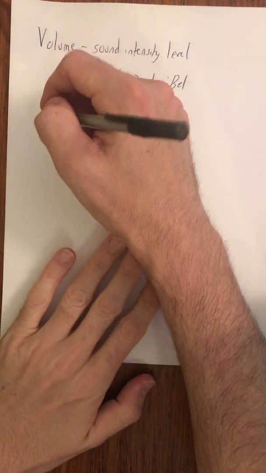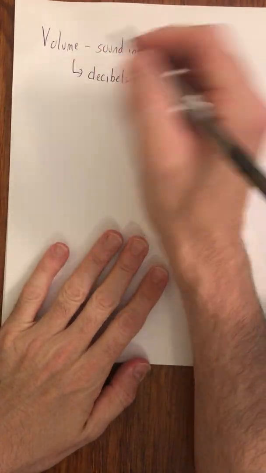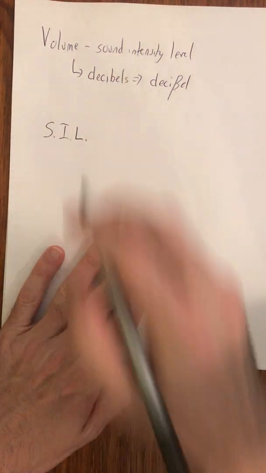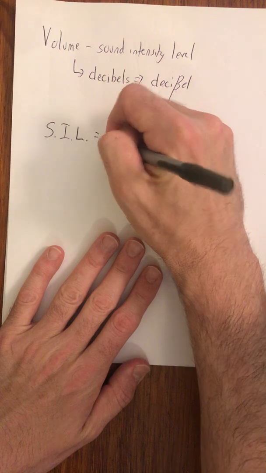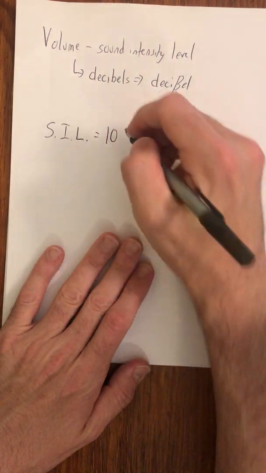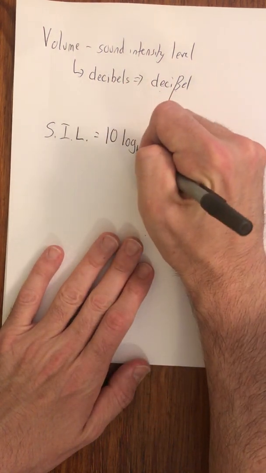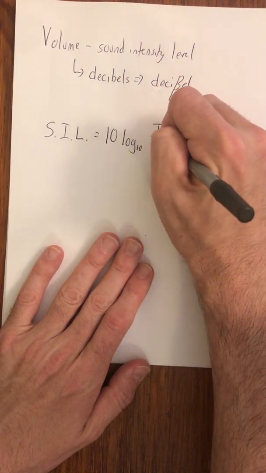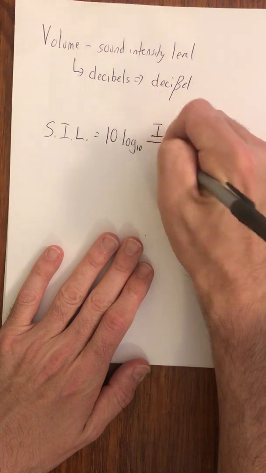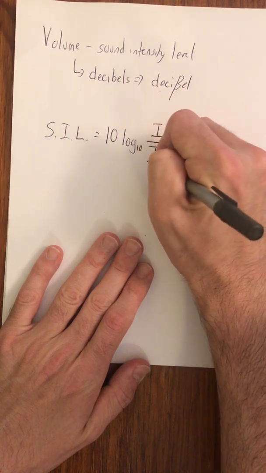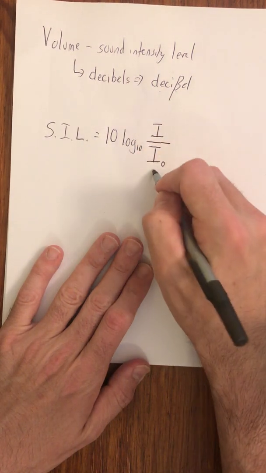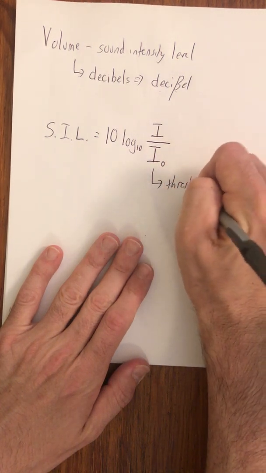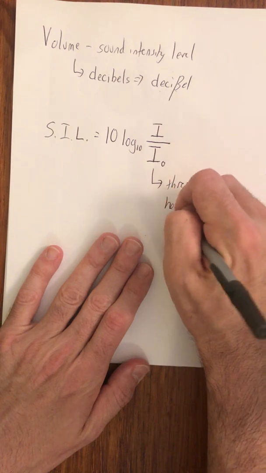Because technically, volume or sound intensity level, SIL, we won't go into the formal symbol for it, is equal to 10 times, well, there's your deci, the log base 10 of the intensity of the sound compared to some sort of constant. And this here is called the threshold of hearing.